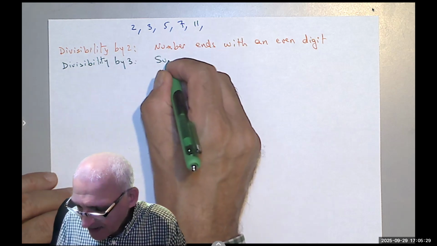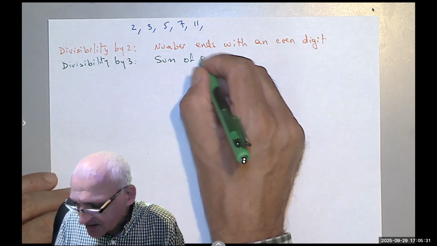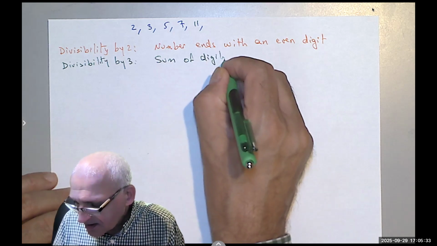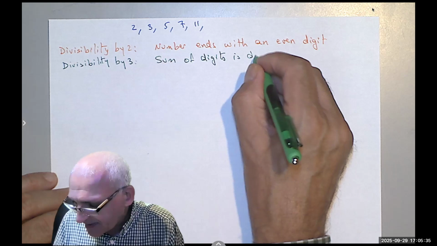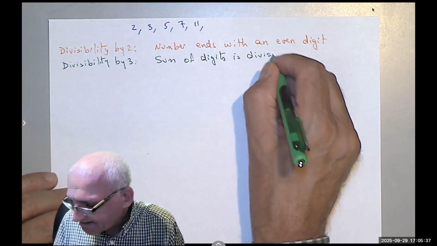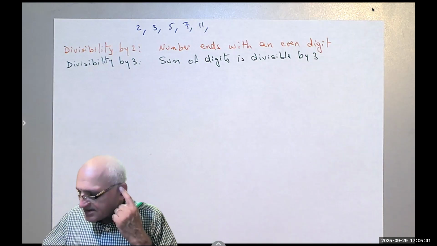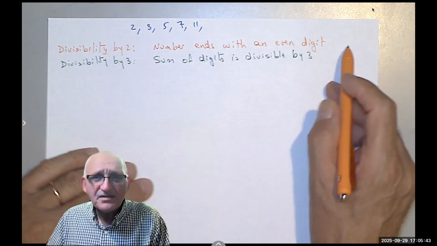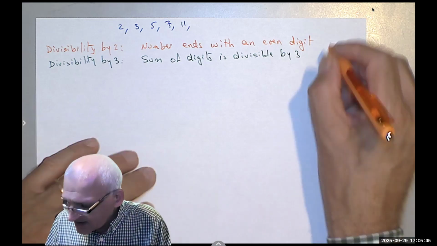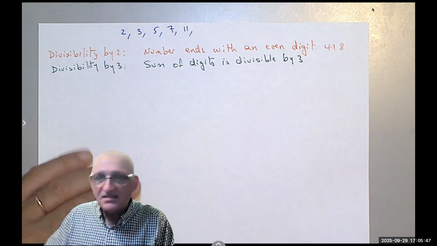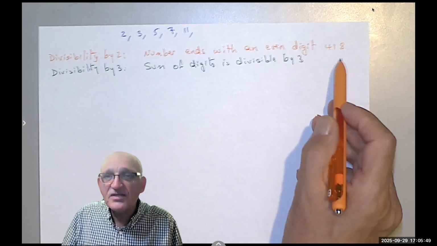Divisibility by 3: if the sum of digits is divisible by 3. So let's take an example of an even number. It doesn't matter how many digits. So I can say 418 is divisible by 2 because it ends with an even number.